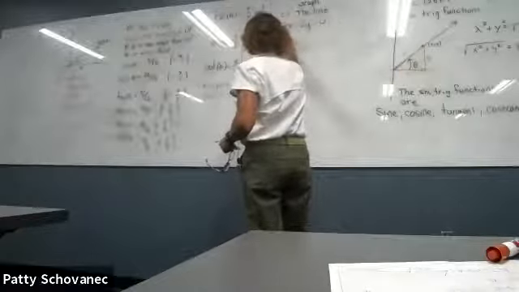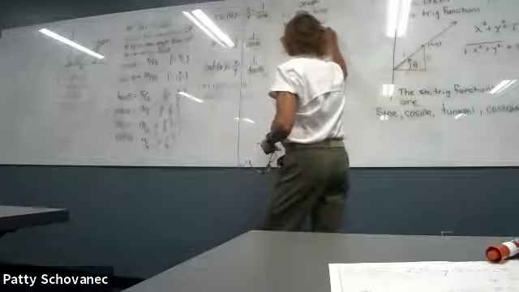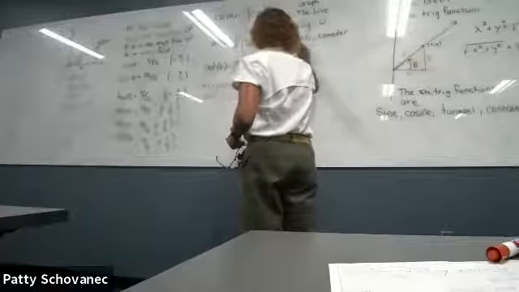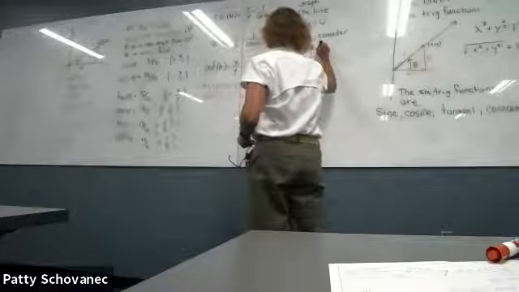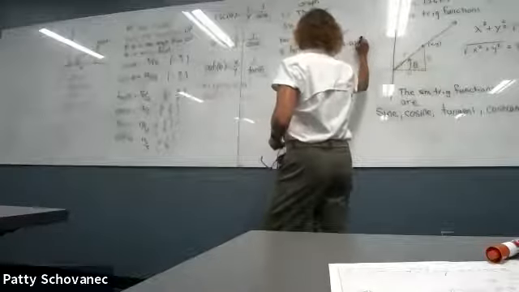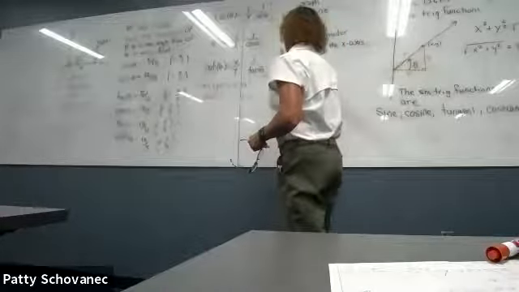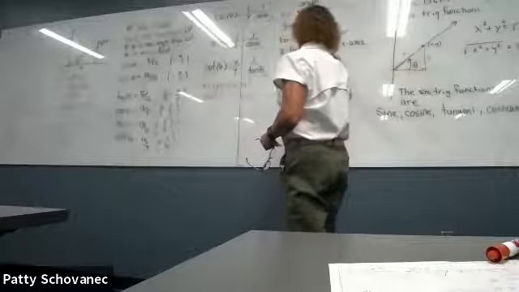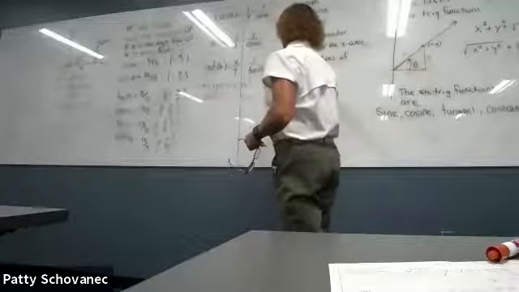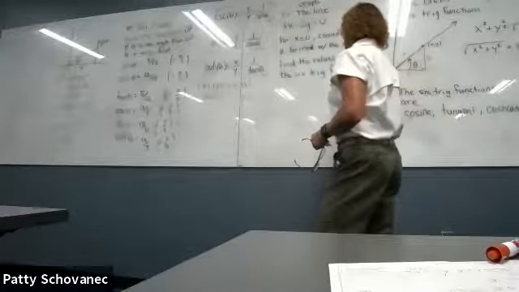And then for x less than or equal to 0, consider the angle theta formed with the x-axis. Find the values of the 6 trig functions of this angle.